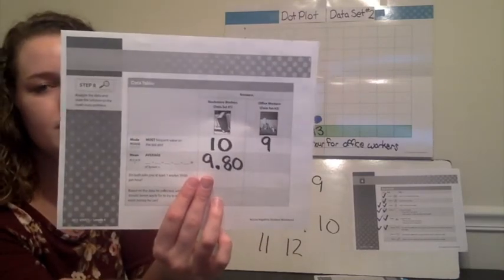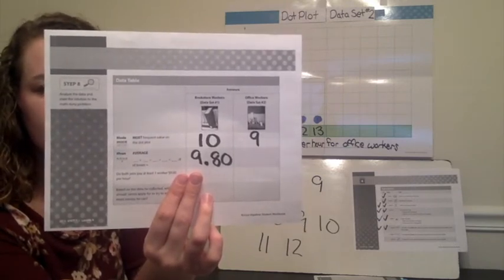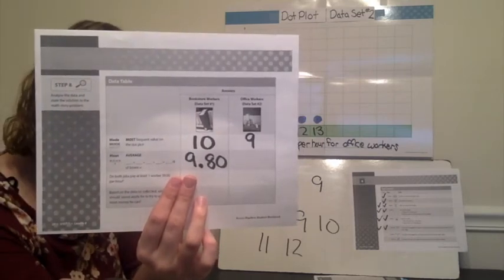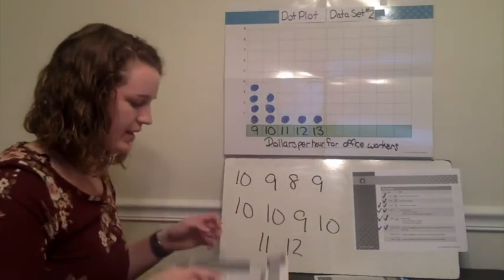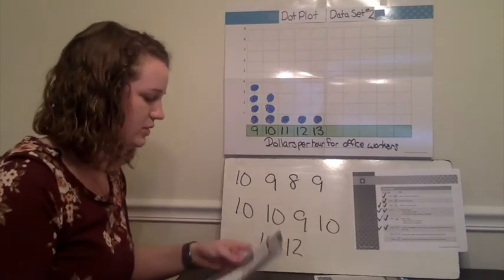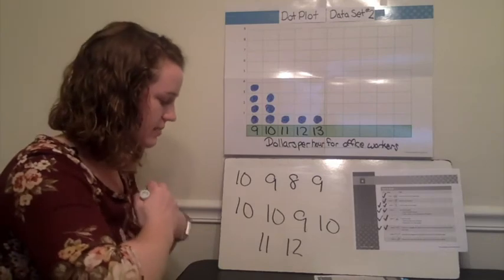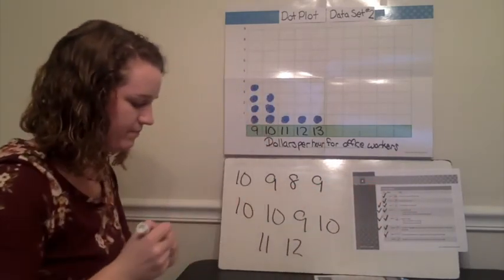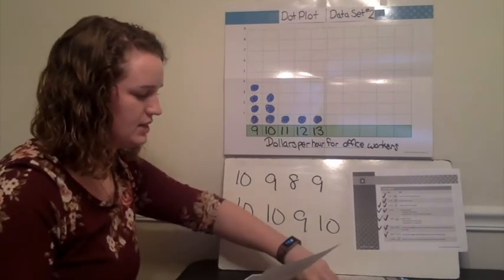Just like that. Okay, good. And we'll put that back to the side. We'll come back to it later. And we did step 7. So we did step 7 for data set 1. So I'm going to check it off once. And we're done with page 18.